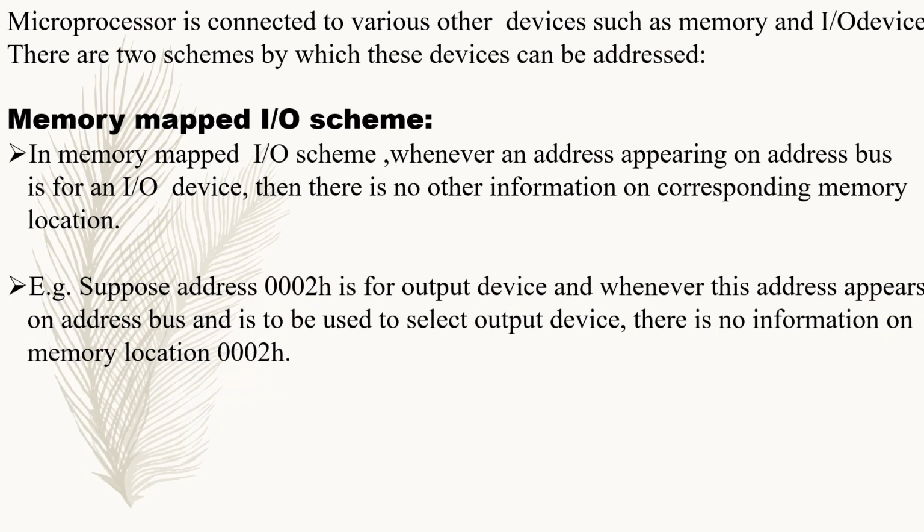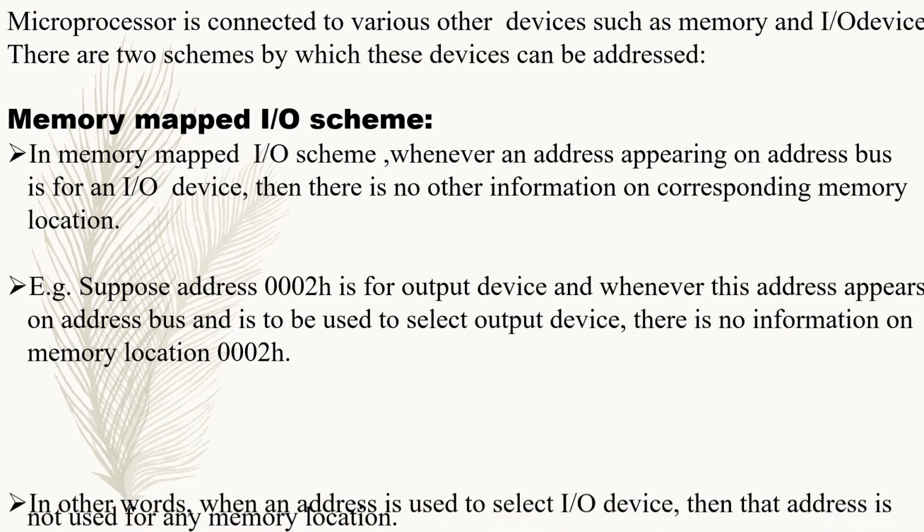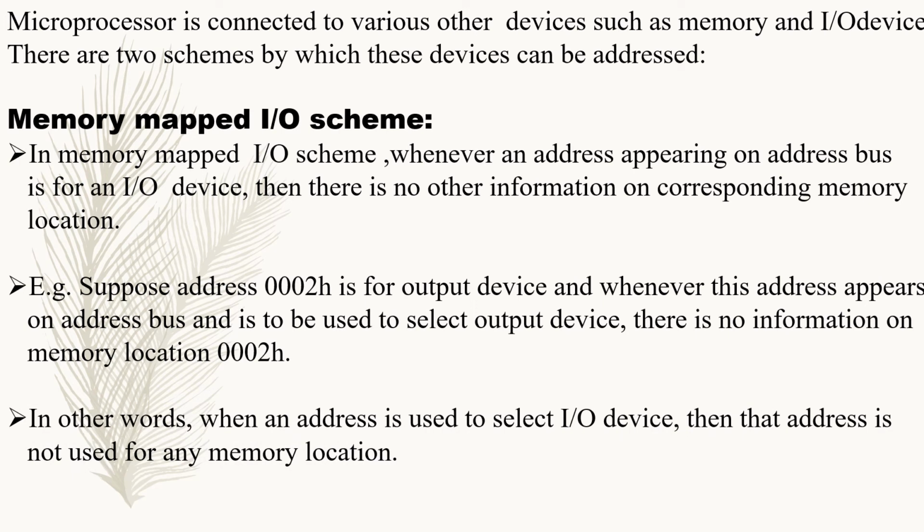For example, as we have explained, if 0002 is for an output device, whenever this address appears on the address bus it is used to select the output device, and in that memory location 0002H, no information regarding memory will be available, no data will be available. In other words, when an address is used to select an input-output device, that address is not used for any memory location. So there will be no data present in the case of the memory mapped input-output scheme.